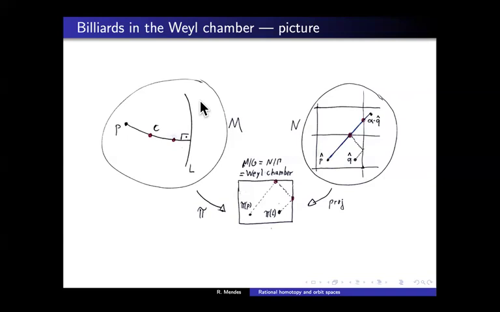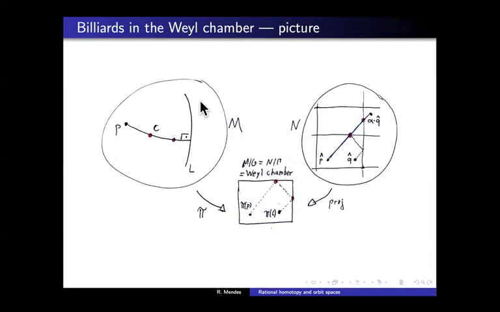So if you look at that geodesic C going from P to L and map it down to the quotient, it's a billiard trajectory inside that Weyl chamber, between the image of P and the image of L, both of which are points in the quotient.